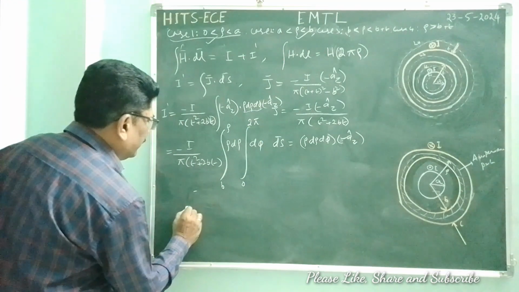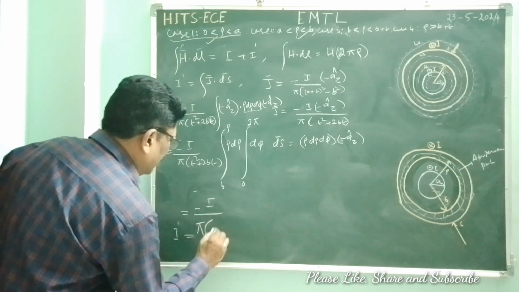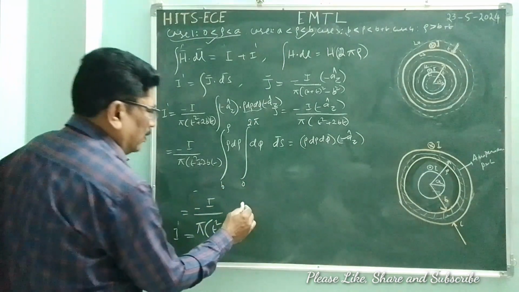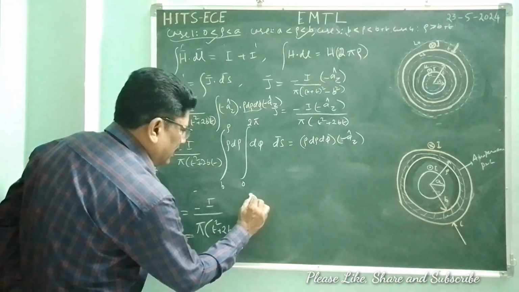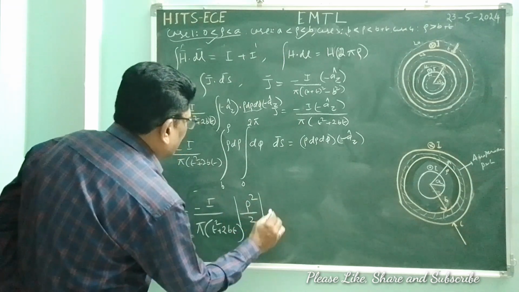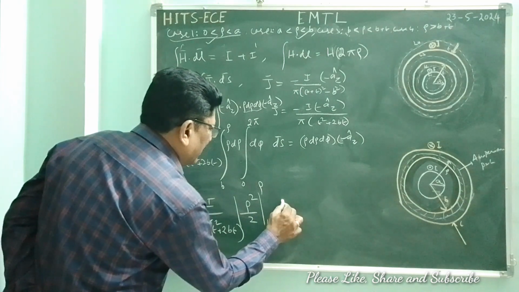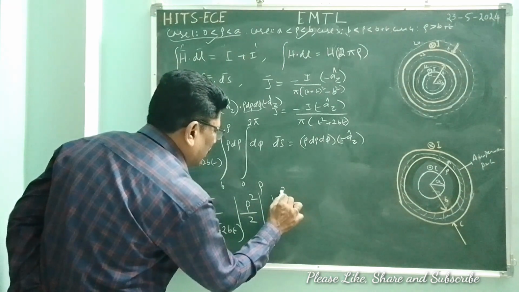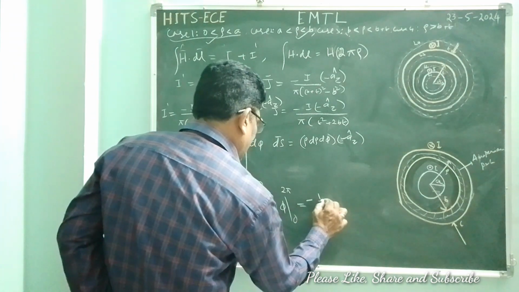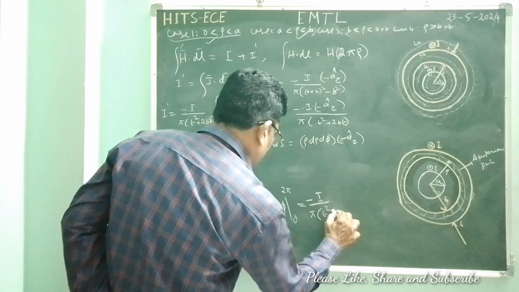Integral rho d rho is rho square by 2, from b to rho, and phi is from 0 to 2 pi.